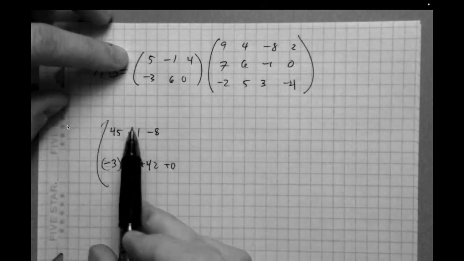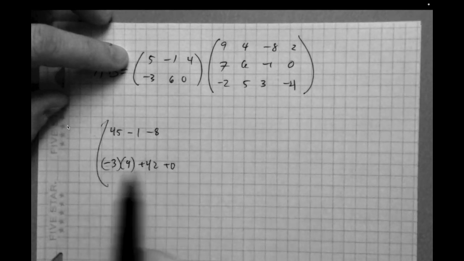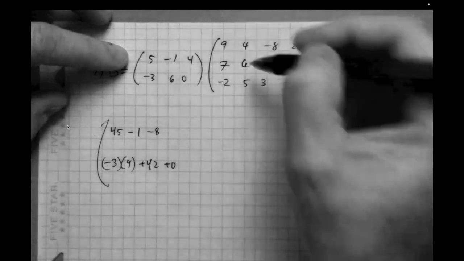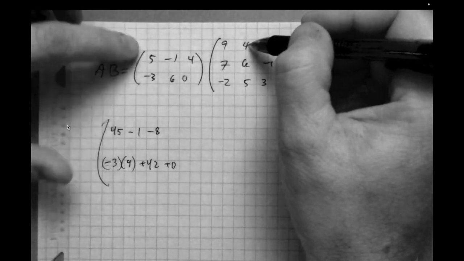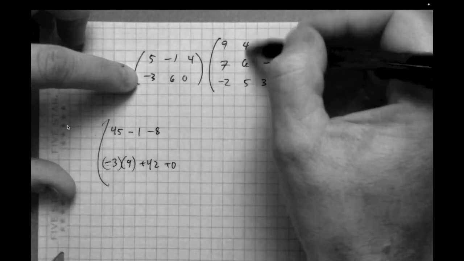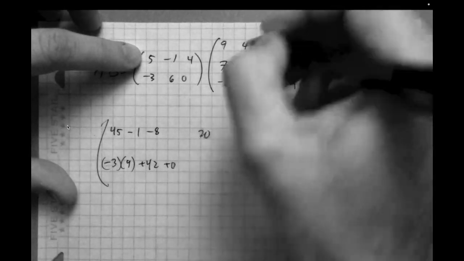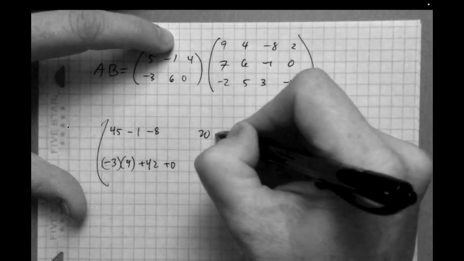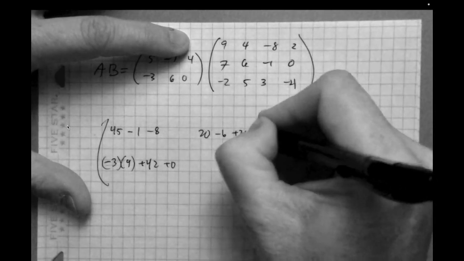That gives me the first row, first column, and the second row, first column. What about the next one? Now I'm going to go into column 2. It's going to be the same rows from A, but now I'm going to multiply them against column 2. So it'll be 5 times 4 is 20, plus -1 times 6 is -6, plus 4 times 5 is 20.